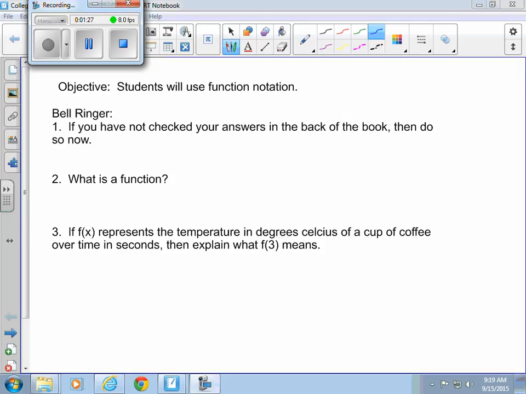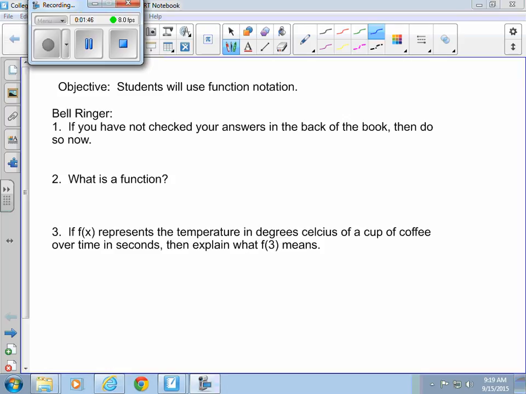Oh, f of 3. So 3 represents x. Okay, 3 represents the x. The function is temperature. X is time in seconds.